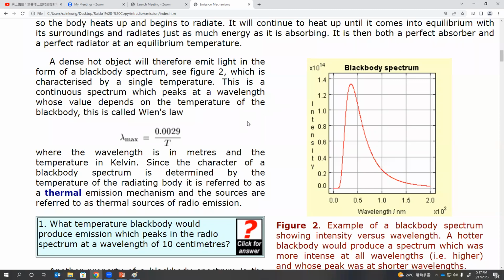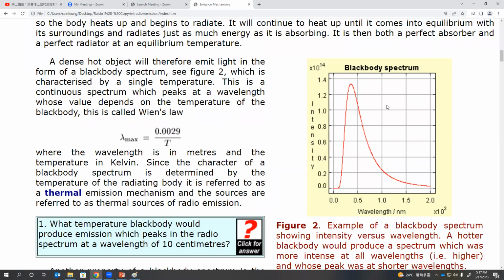And how come we can describe it? Scientists found that in such a situation they can form what we so-called the blackbody spectrum, which means the radiation based on the blackbody cases that we discussed.